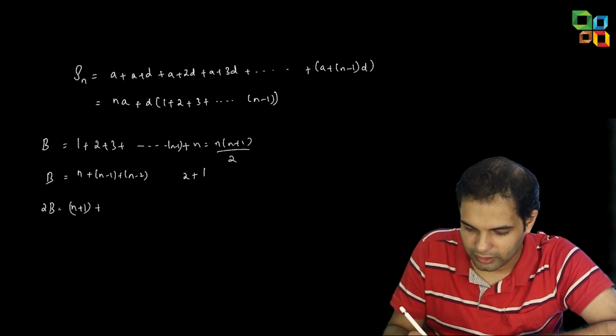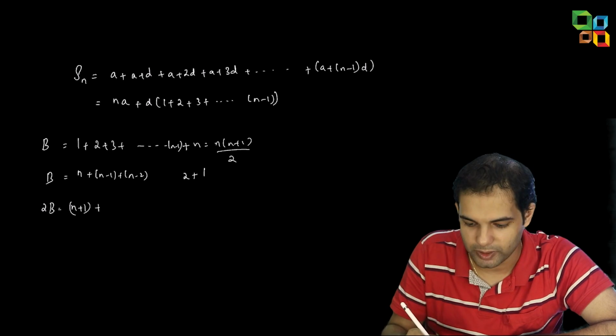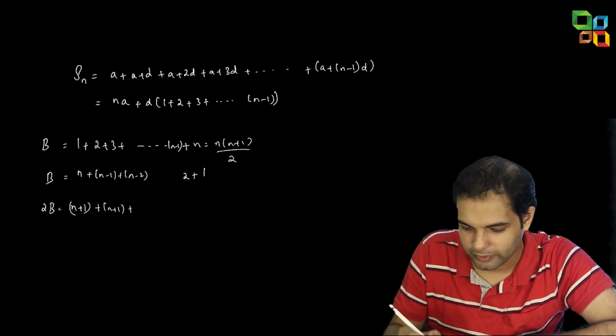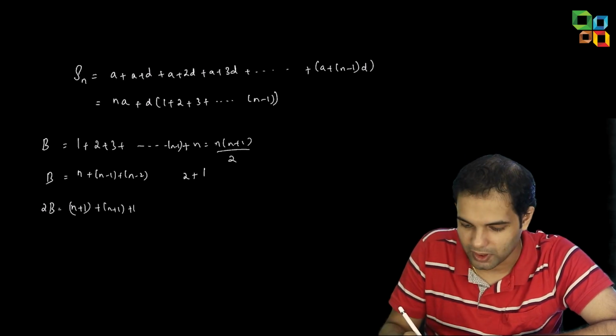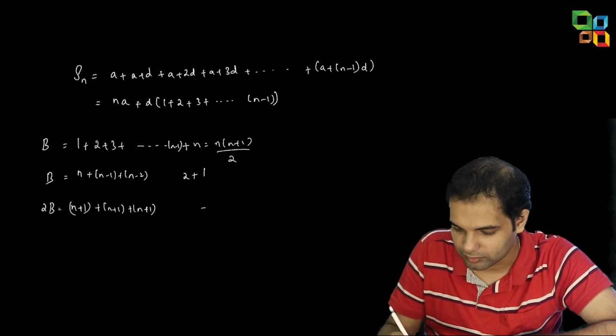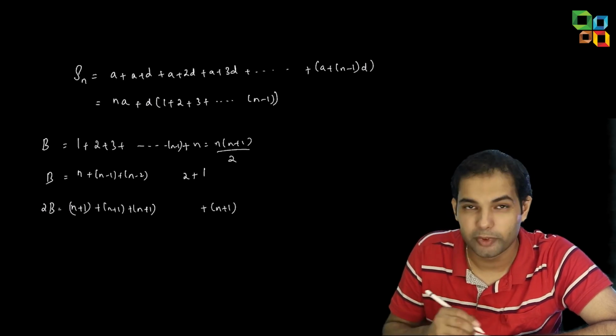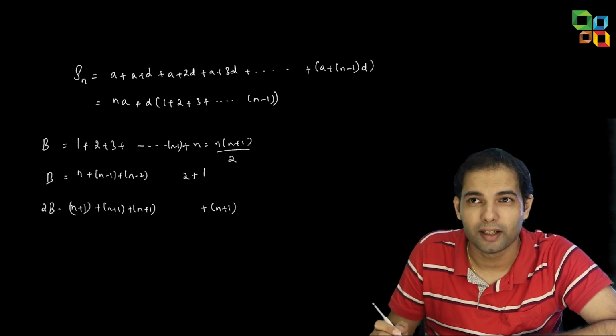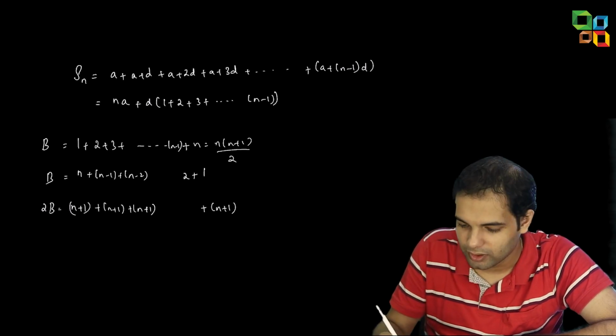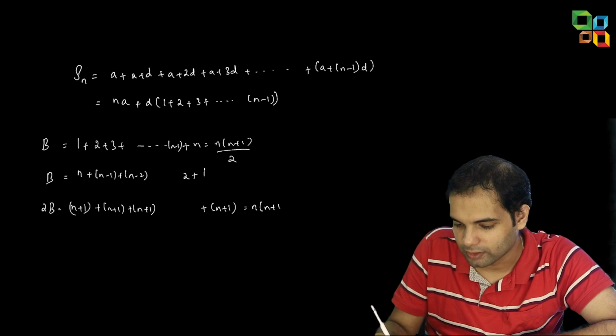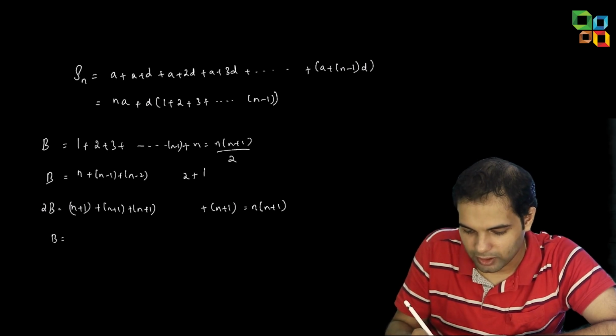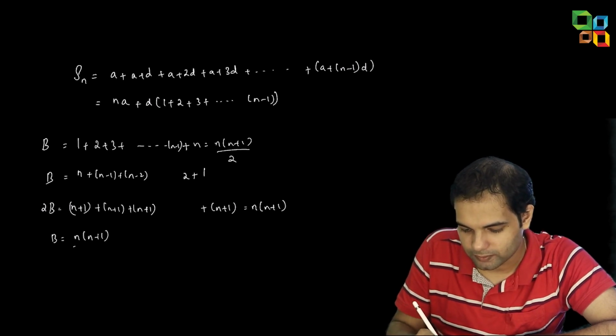Next term is n minus 1 plus 2, again it's n plus 1. Next term n minus 2 plus 3, again it's n plus 1. Last term again n plus 1. How many (n plus 1)s are there? N, because there were only n terms. So this is equal to n into (n plus 1). So B is nothing but n into (n plus 1) by 2.